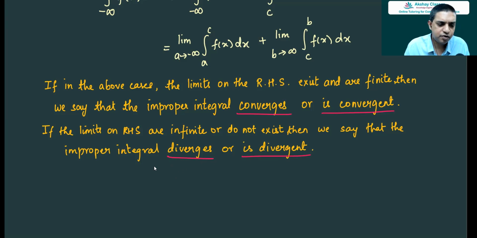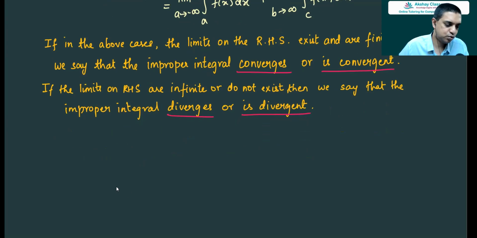So convergent means you get a finite, unique value. If the limit goes to infinity, then we say it is divergent. Or if the limit oscillates between two values, it is divergent.